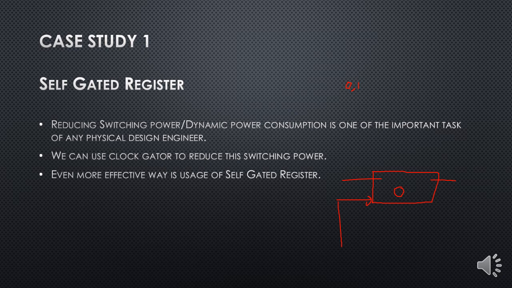So we compare whatever is present on the output with the input. If there is any change, only then we provide the clock signal. With this, we reduce the switching activity, which is a much better way to do it.